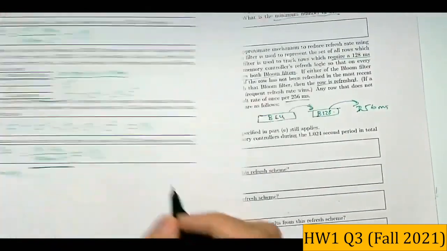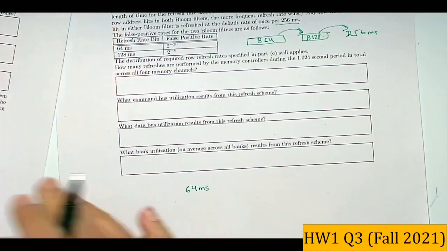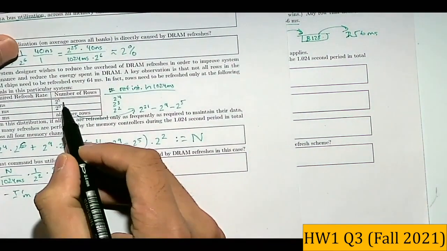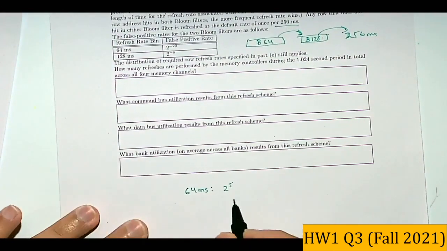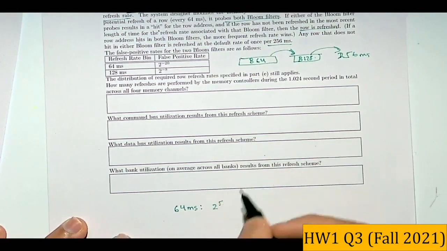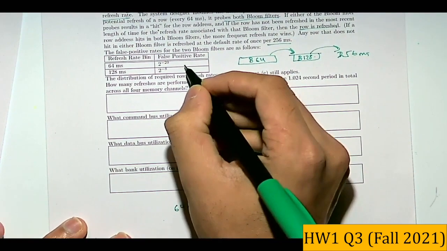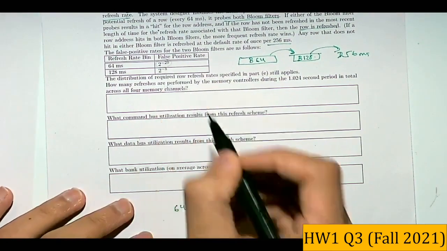So for the 64 millisecond bin, we have 2 to the 5 rows that are guaranteed to hit in the bloom filter, right? So these 2 to the 5 rows are true positives, essentially. And so we have 2 to the 5 plus the false positives, where the false positives will be described by this 2 to the minus 20 quantity, right?